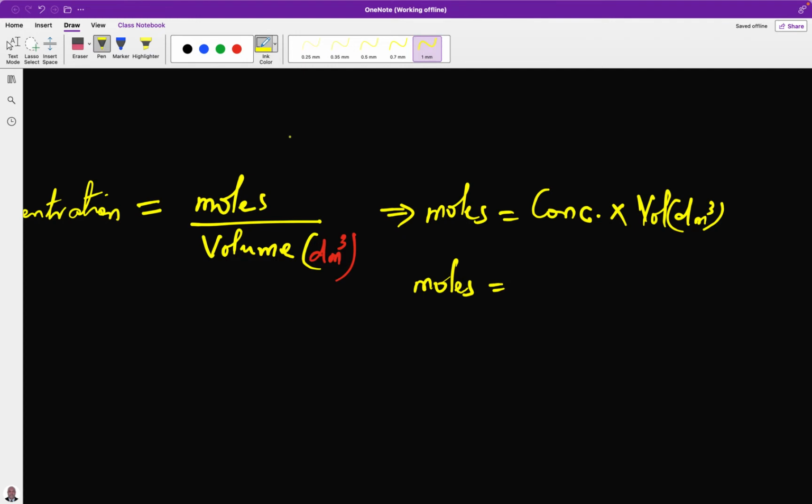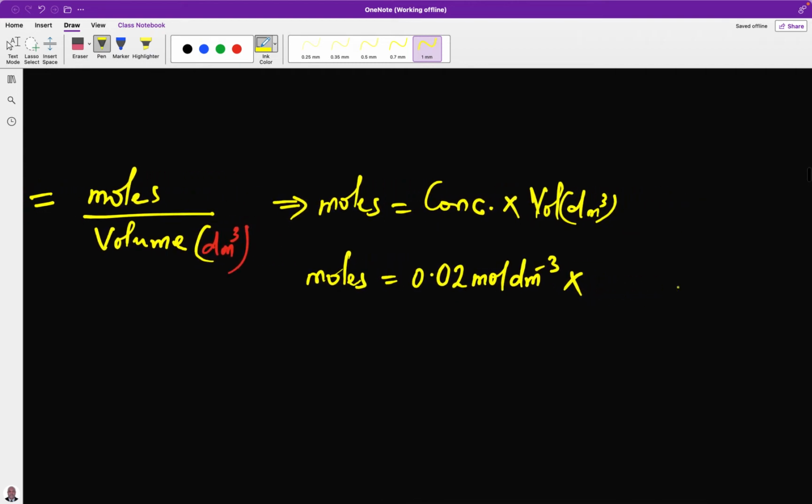Okay, now the concentration is 0.02 moles per dm cube times the volume, which is 27.30 cm cube. Since we have to convert it into dm cube, we need to divide it by 1,000.